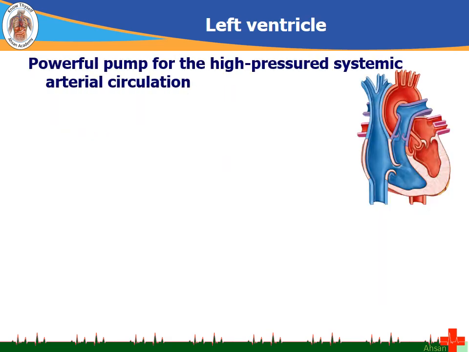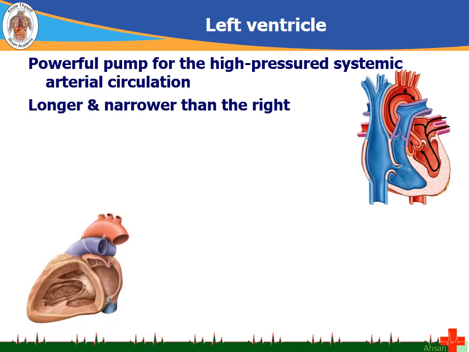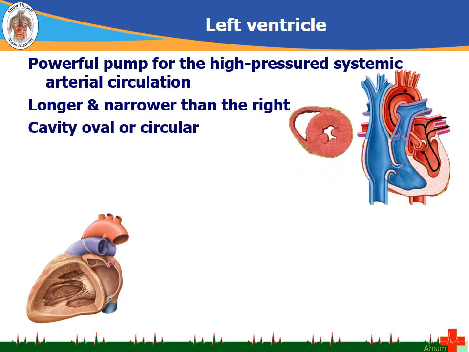The left ventricle is the powerful pump of the high pressure systemic arterial circulation. Its wall is very thick, and you can see it is longer and narrower than the right one. On section, we have already shown that the right one is crescentic, but the thick-walled left ventricle is rounded.